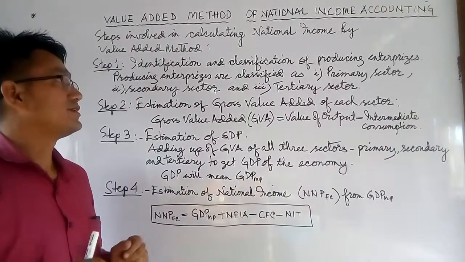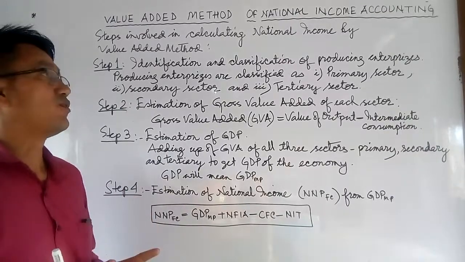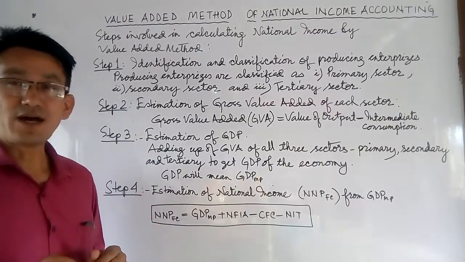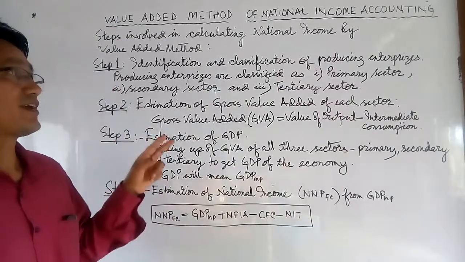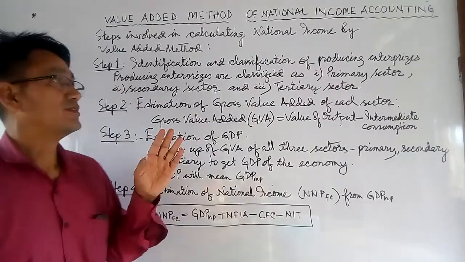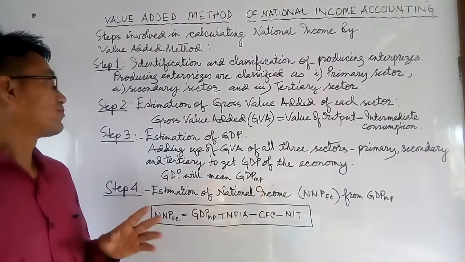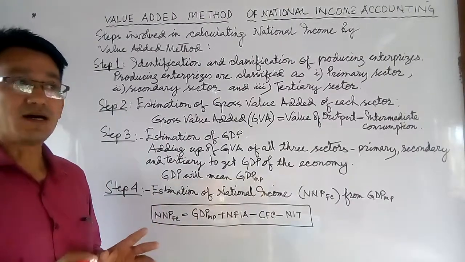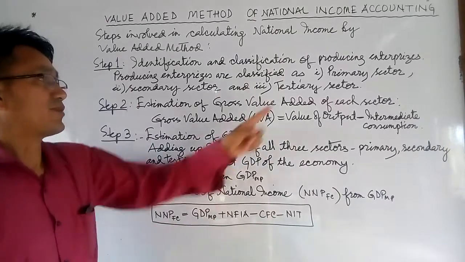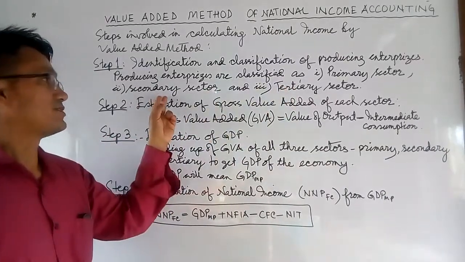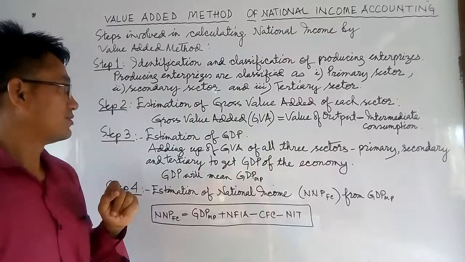Now let us see the steps involved in calculating national income by the value-added method. The very first step is identification and classification of the producing enterprises. Producing enterprises are classified as primary sector, secondary sector and tertiary sector.